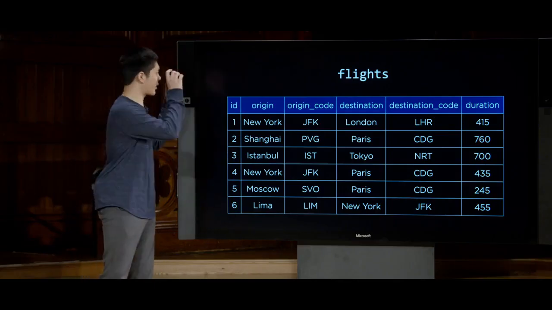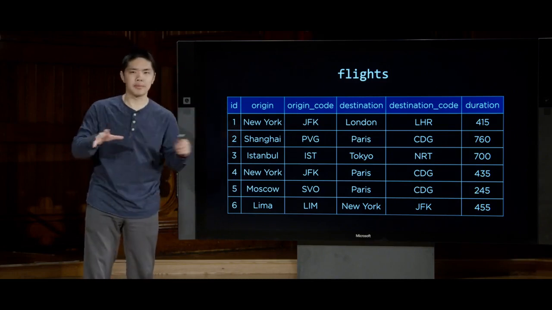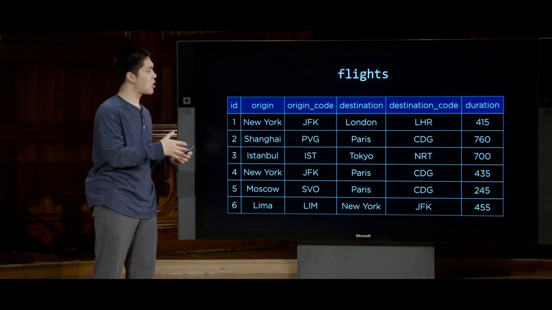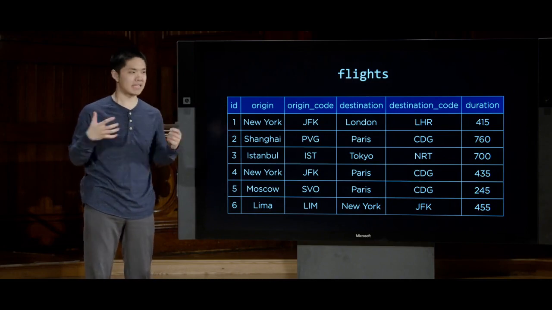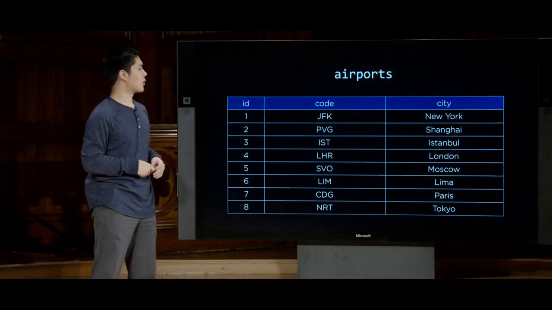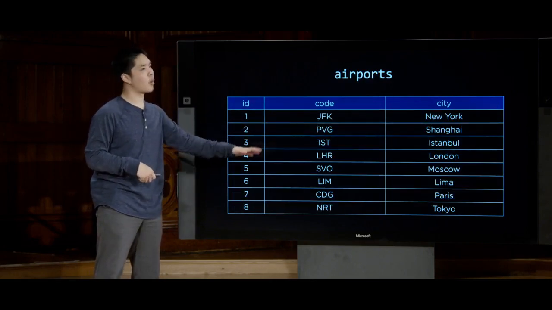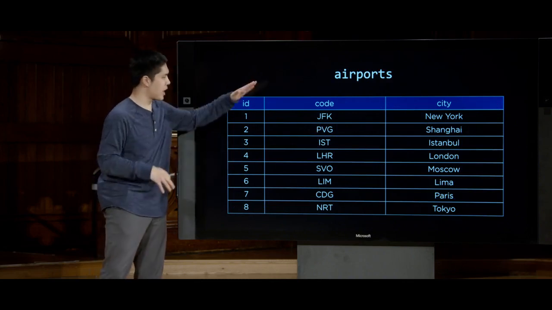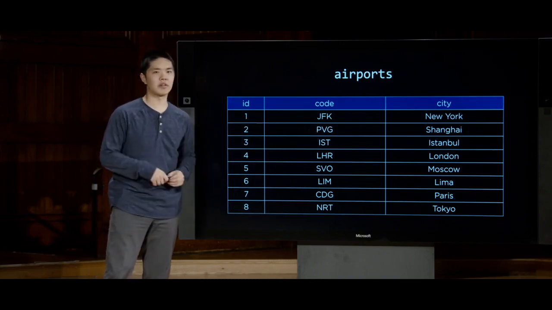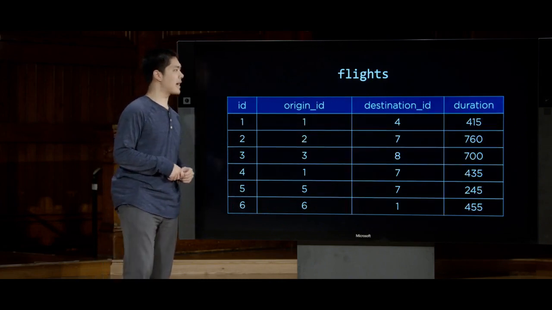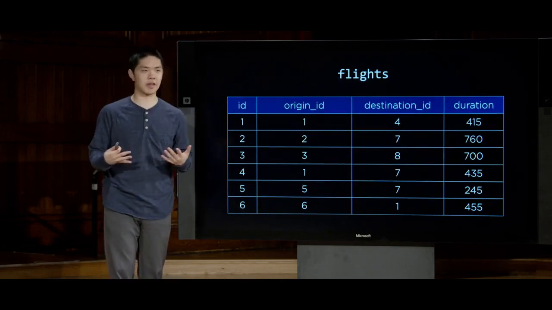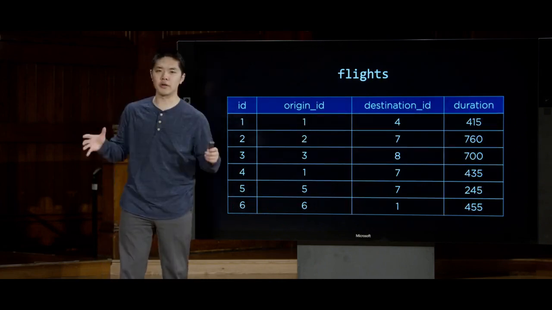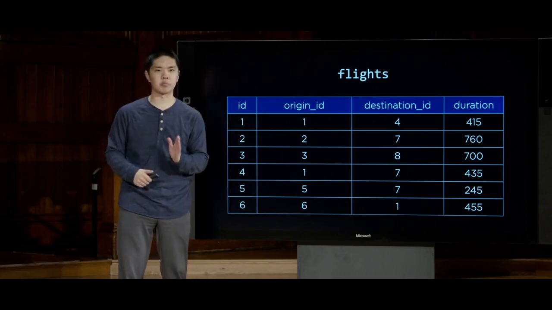And we decided that storing all of this data in a single table probably wasn't the best idea, and instead we wanted to split that data up in a type of partitioning. We said, all right, let's just have one table that will have all of the airports, and so each airport gets its own row inside of this airports table. And we also had another table, the flights table, which rather than storing all of those columns, just mapped two airports to each other.